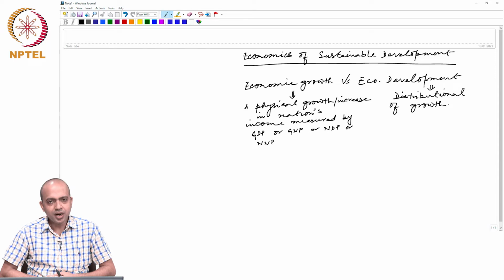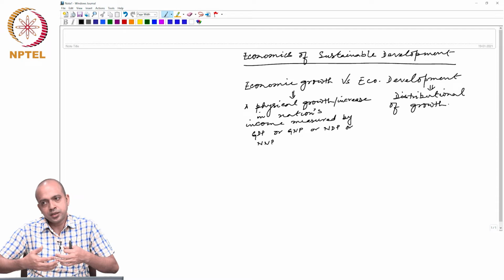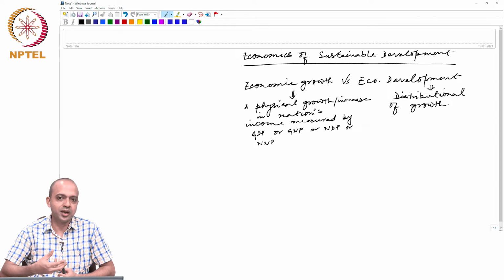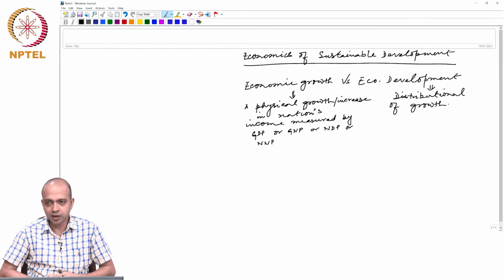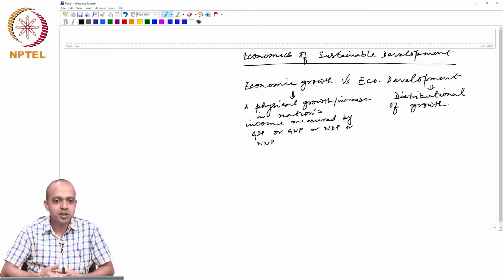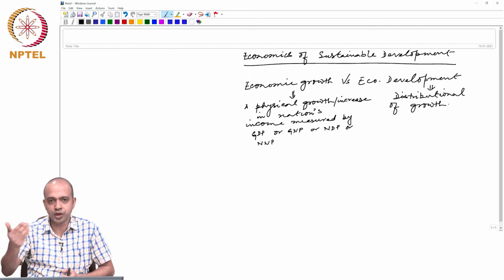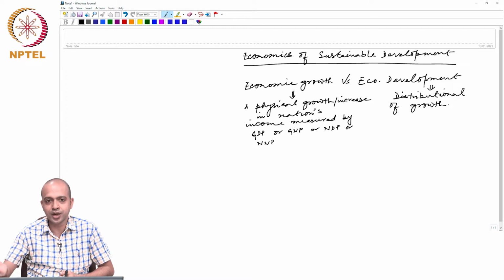Why? If the country is growing, but the benefit of growth is enjoyed only by a few in the economy, that means only very few people are enjoying the fruits of economic growth, then we will say that it is not leading to qualitative improvement for the citizens of the country, because the distributional aspect is not considered here. If it is not properly distributed, then this growth will lead only to inequality. So, we cannot achieve development.